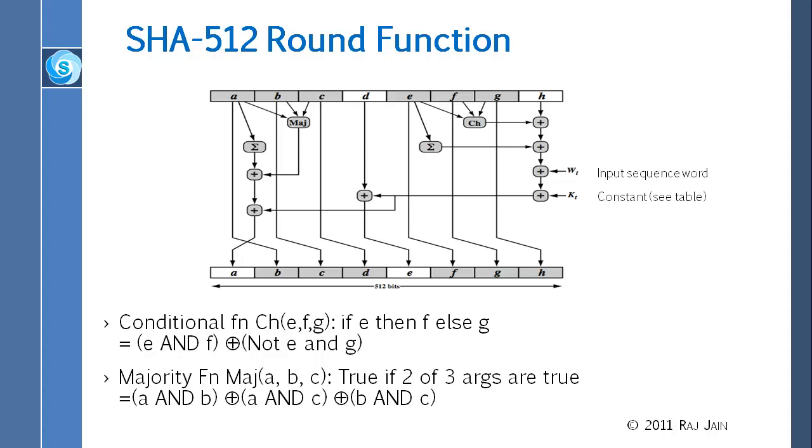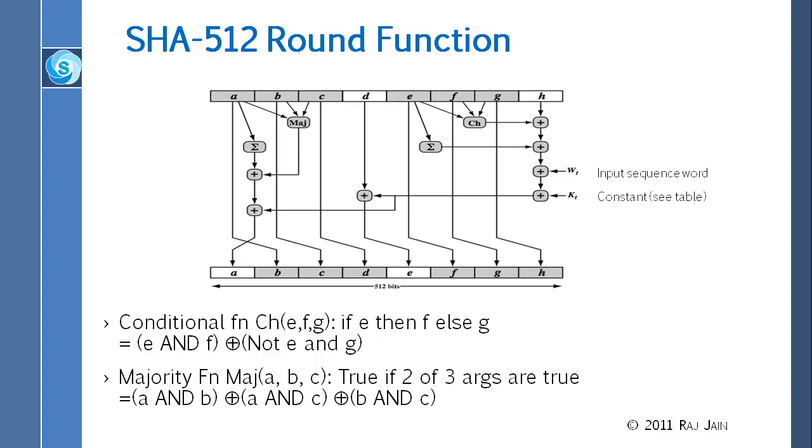Now you take A, B, and C, do the majority bit function on that, and then you exclusive OR with A, and exclusive OR with this, and so on and so forth. So this is basically the diagram given here. All of these functions shown in these blocks are described here.